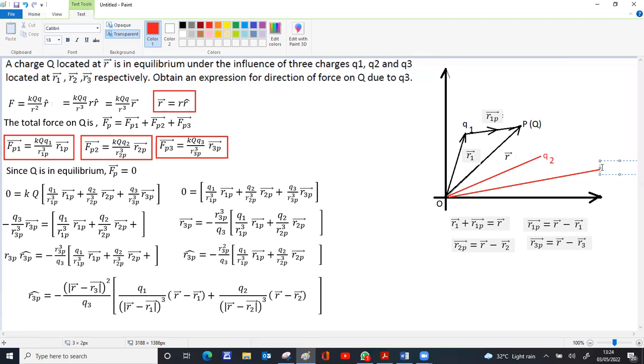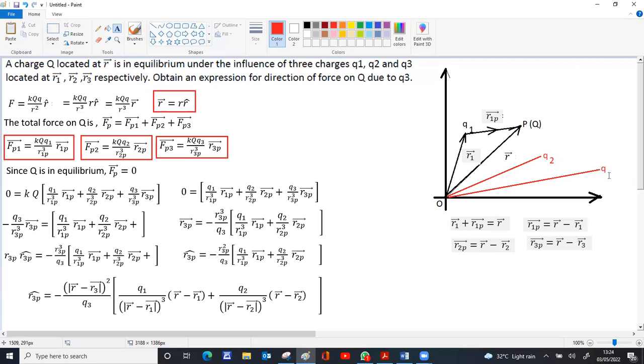These are the directions of force on Q due to Q2 and force on Q due to Q3, which are respectively represented as R3P vector and R2P vector.